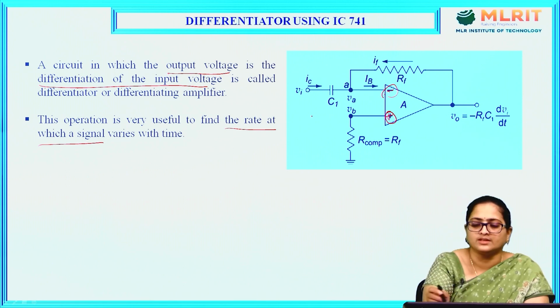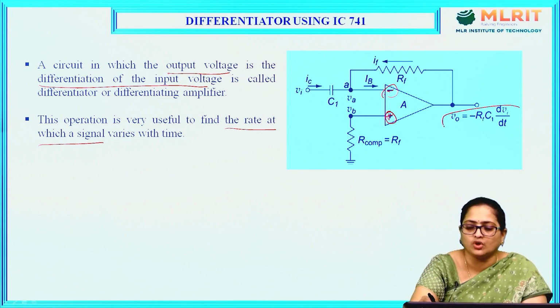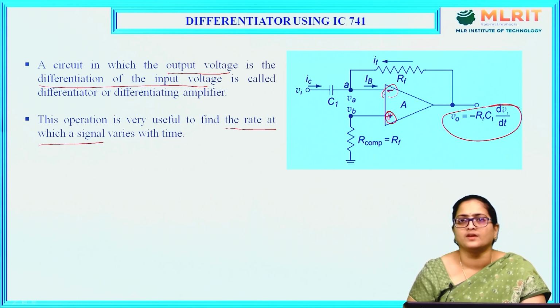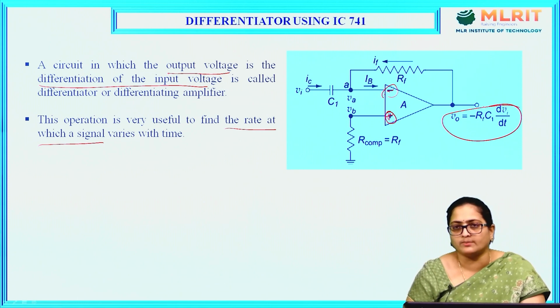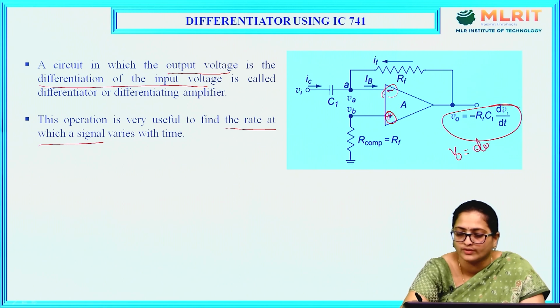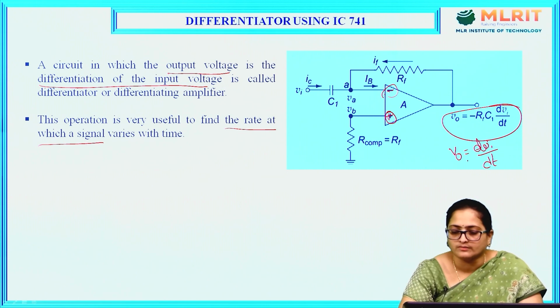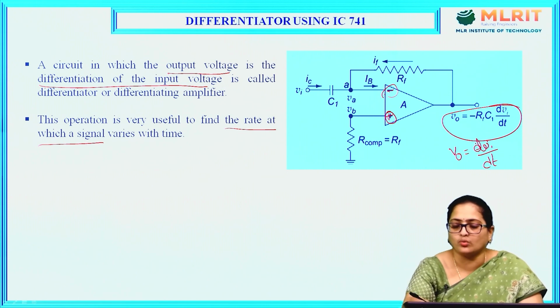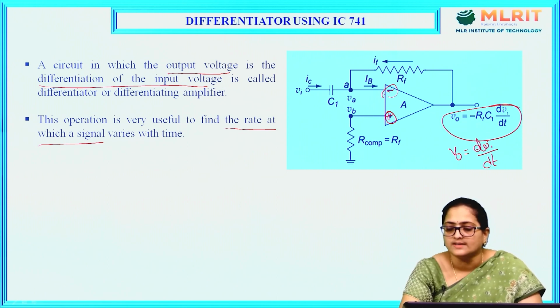So, from this circuit, we have to derive V0 is equal to some constant into dVi by dt. That is, whenever the output voltage is the differentiation of the input voltage, that means from this circuit we need to prove V0 is equal to some proportionality constant into dVi by dt.